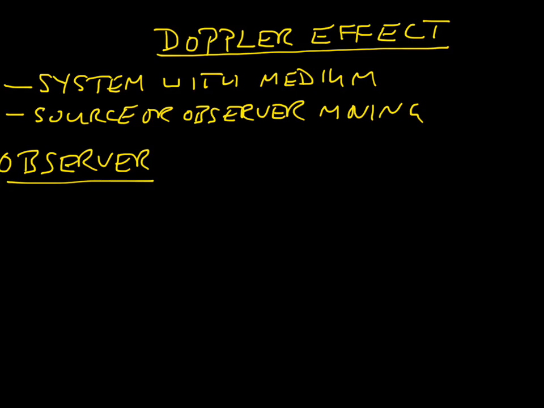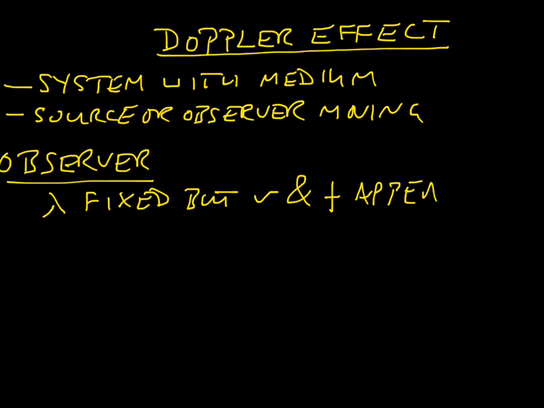The wavelength will be unchanged, but both the velocity and the frequency appear to increase. So lambda, we will say, is fixed, but both v and f appear to increase. Now, what does this mean?